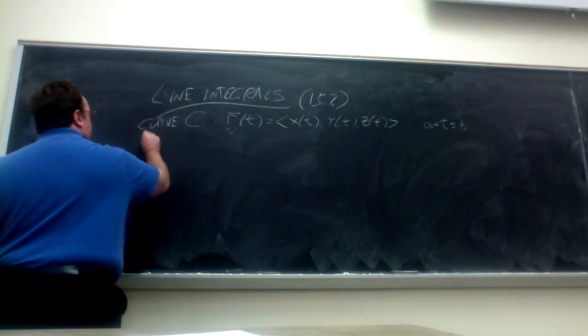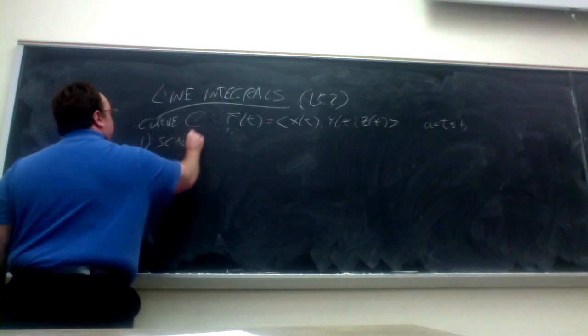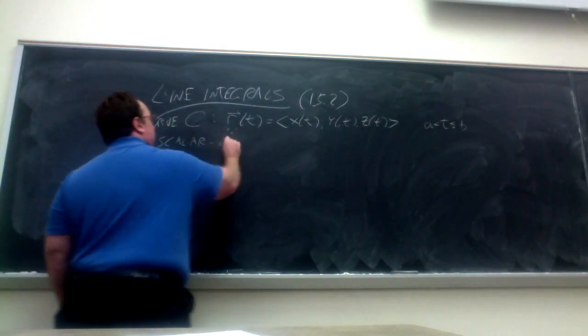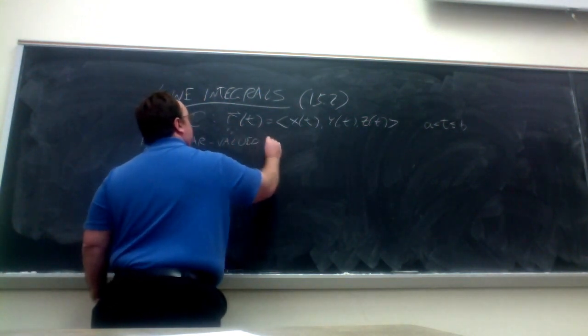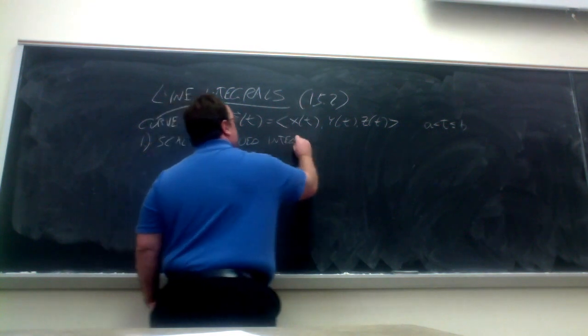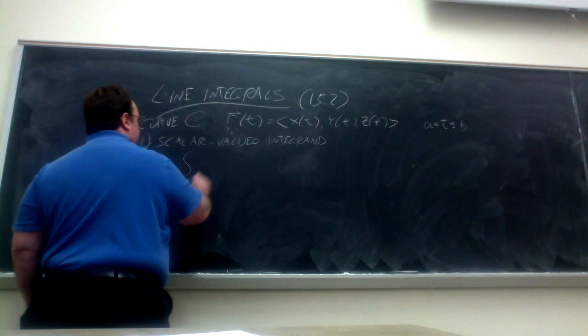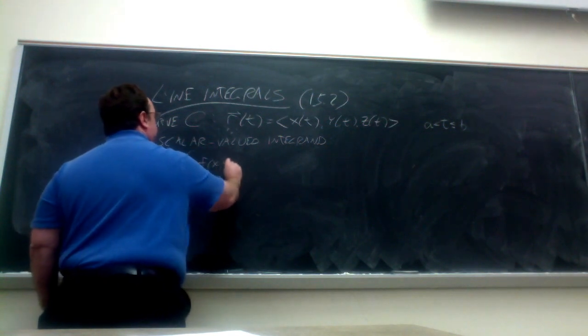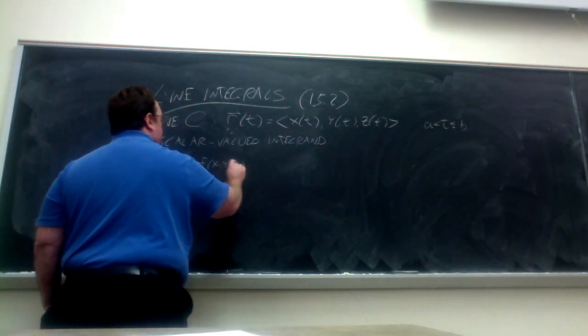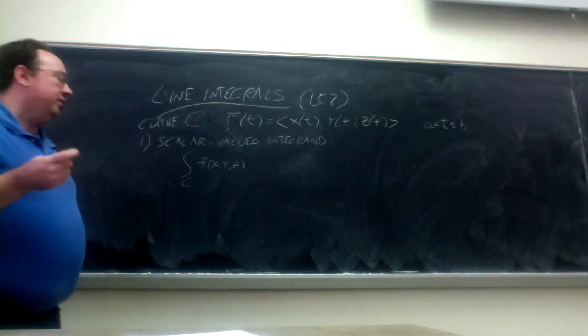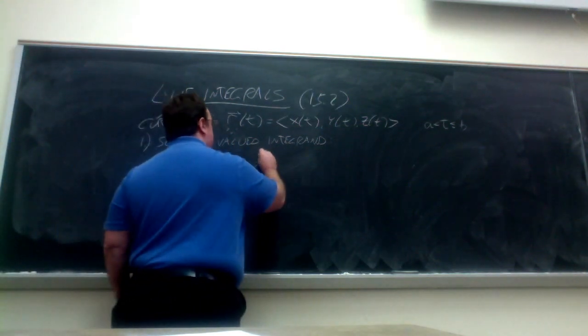So if your integrand is a scalar valued function, then it's written this way. You have your function f of x, y, z, often using a lowercase letter in textbooks, ds.